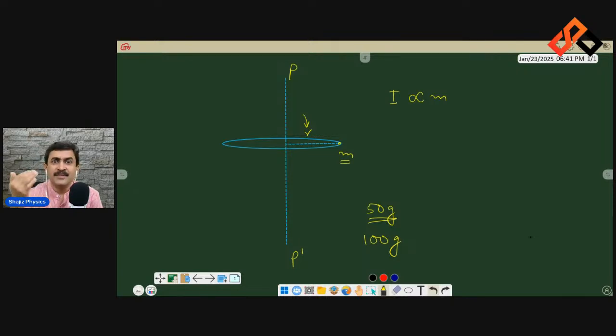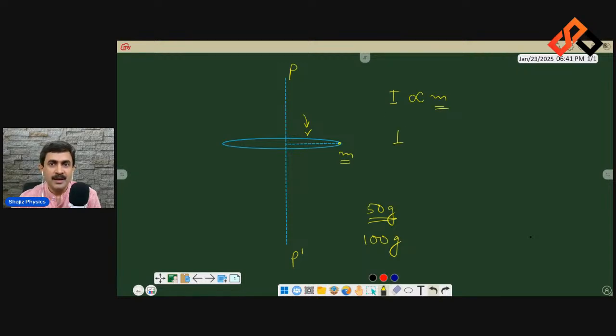The 50 gram mass will come to rest faster, which means its rotational inertia is less. But in the case of 100 gram, it is almost double, which clearly shows that moment of inertia, or rotational rigidity, which is another name, is directly proportional to mass.